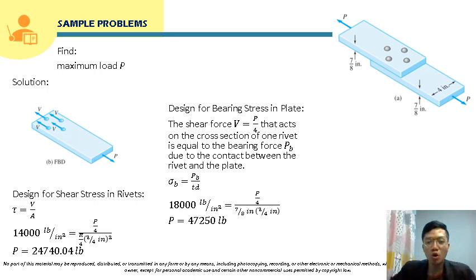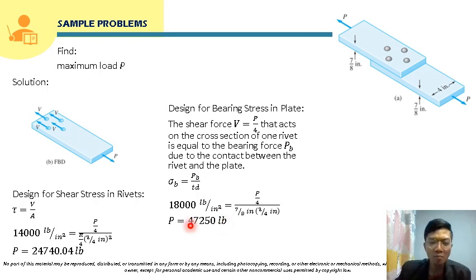Now we are going to compare the values of P that we solved. For shearing stress in rivets, the allowable load P is 24,740.04 pounds, while for the bearing stress criterion, the allowable force P is 47,250 pounds.